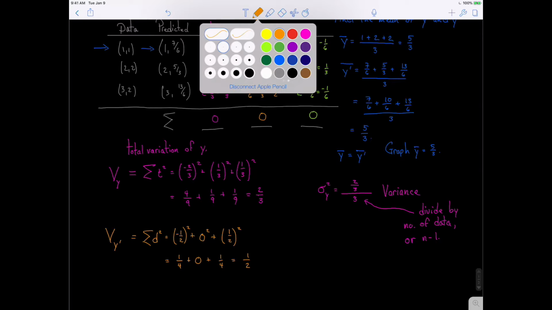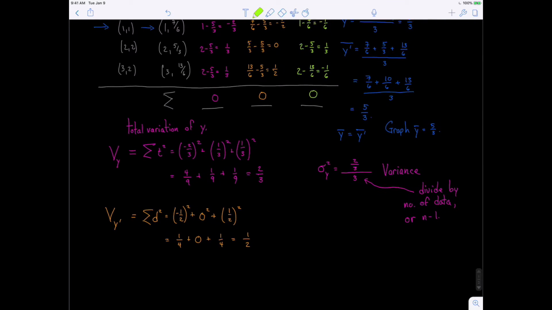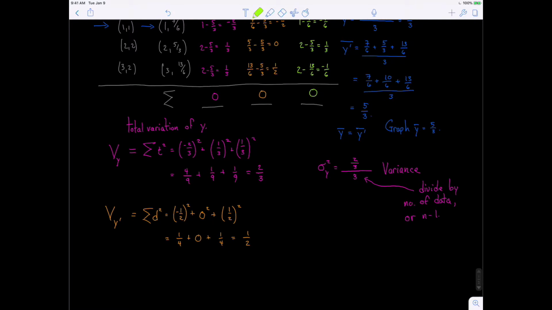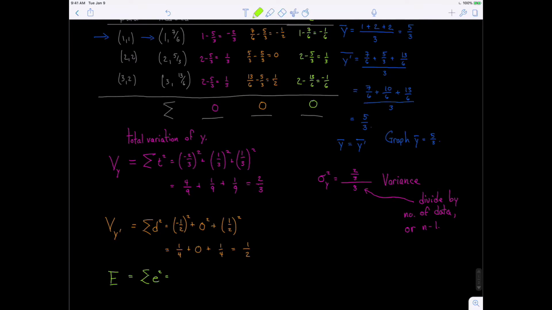And then we'll calculate one more. We'll also calculate the errors, and so we're going to call this the total variation of the errors. We're going to call it E. And we'll do this as the sum of the e's squared. Well, I have minus 1/6 squared plus 1/3 squared plus negative 1/6 squared.